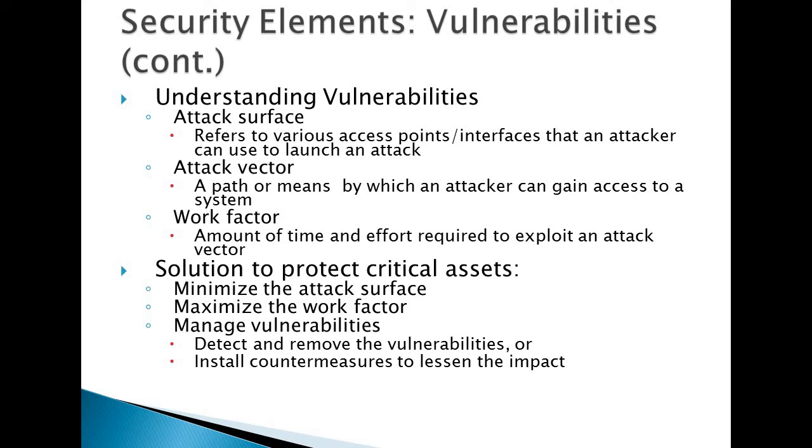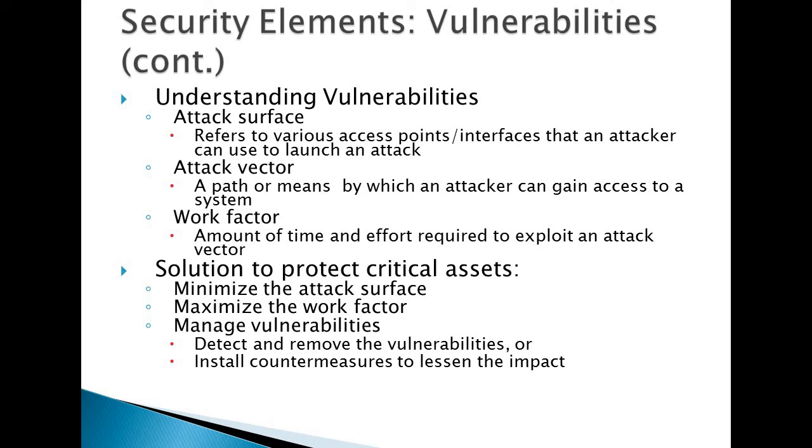So a sample solution to protect critical assets includes minimizing the attack surface, which means minimizing the number of access points or interfaces used to launch an attack, maximizing the work factor, which will help in increasing the time to exploit an attack vector, and then managing the vulnerabilities.